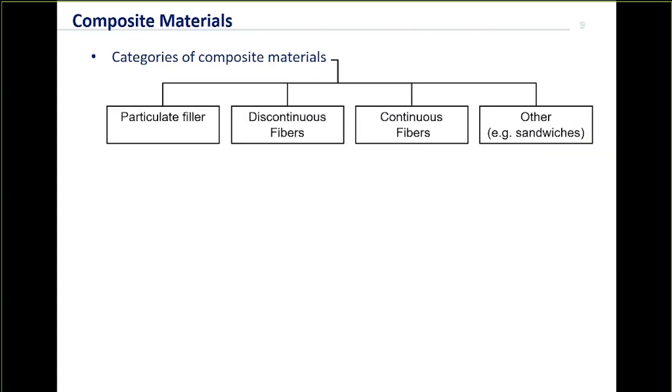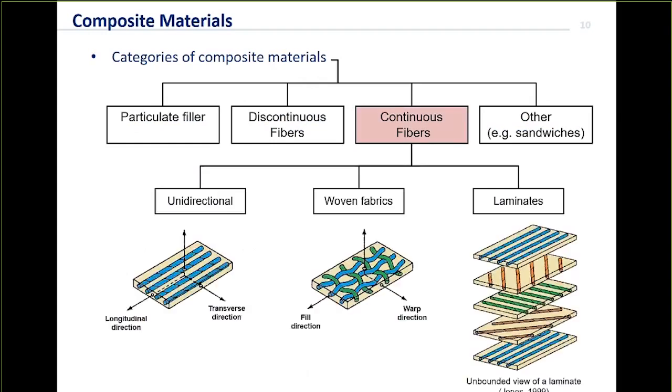To achieve that, what you need is continuous fibre composites. And it's continuous fibre composites that's going to be the main focus of my presentation today. Now, some of these, for instance, unidirectional carbon fibre is fantastically strong.